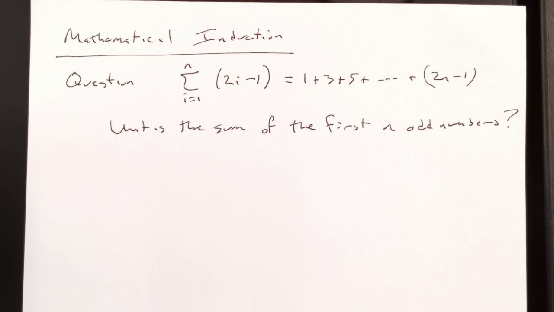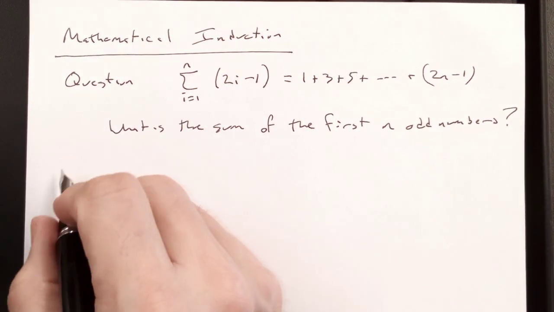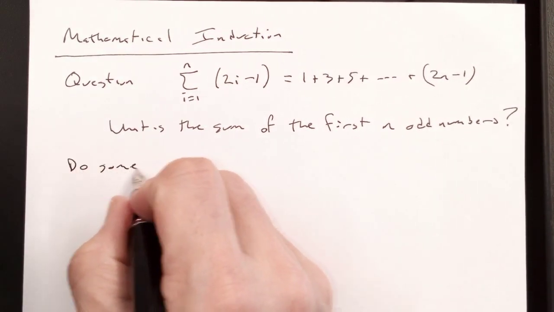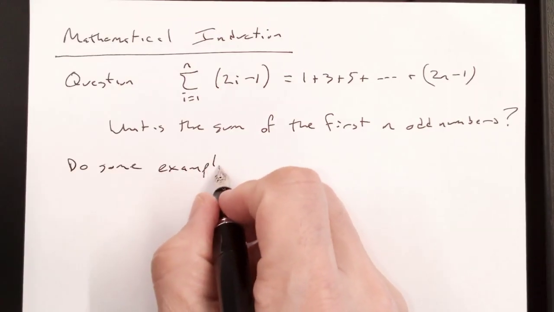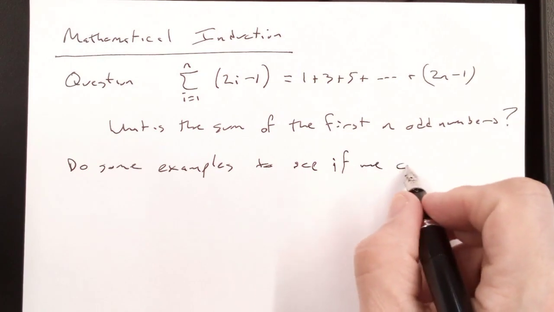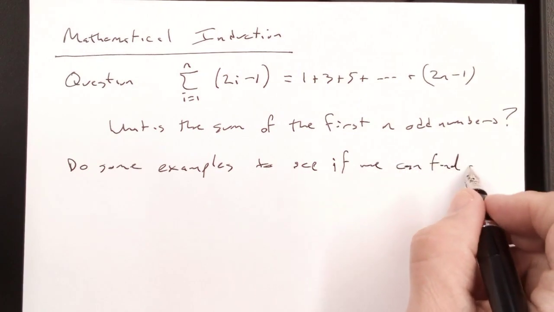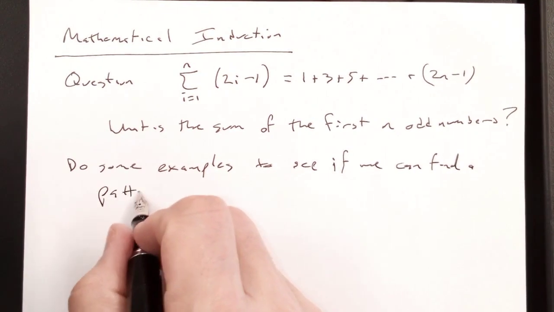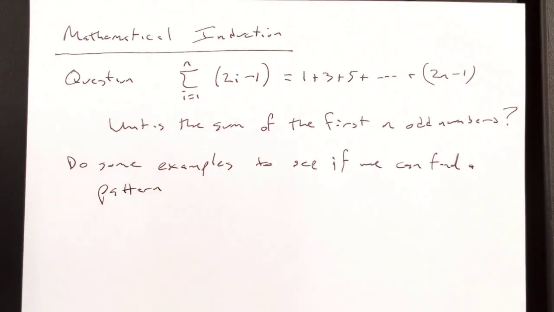So, the first odd number is just 1. 1 and 3, 1, 3, 5, 1, 3, 5, 7. Write out some sums. Give me some answers. Do some examples. Let's see if we can find a pattern.